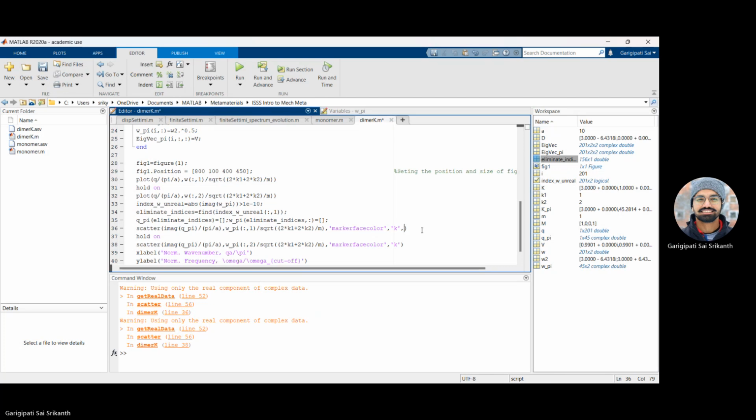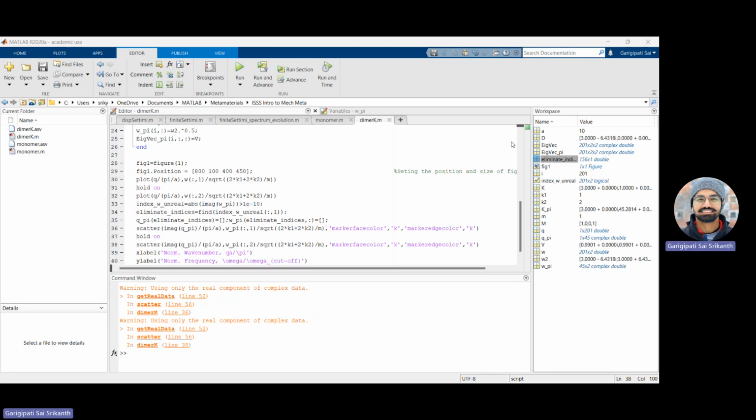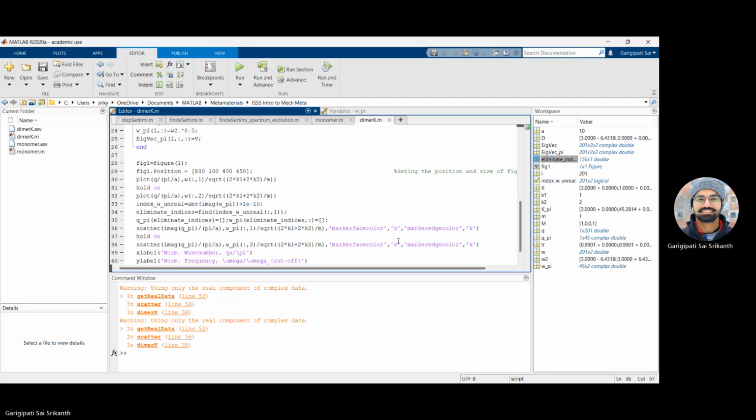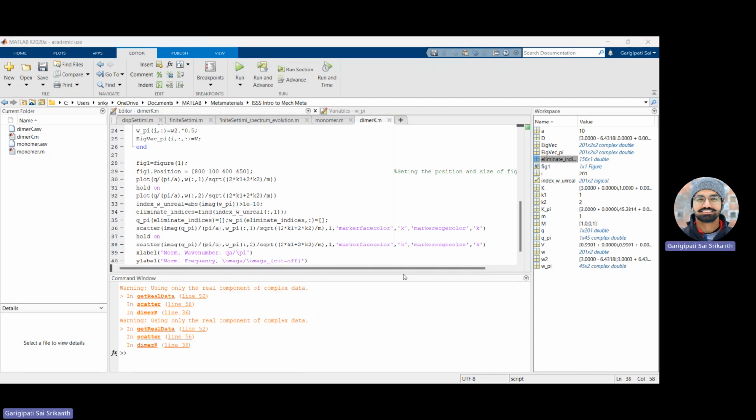Voila. Got it. Now this will specify the marker size right after X and Y values. Yeah. Brilliant.